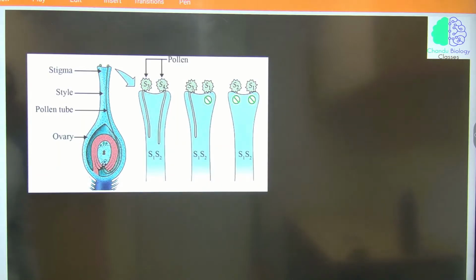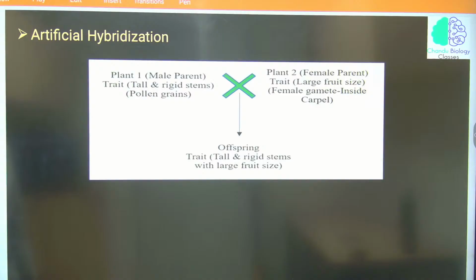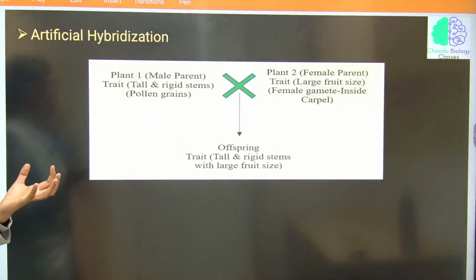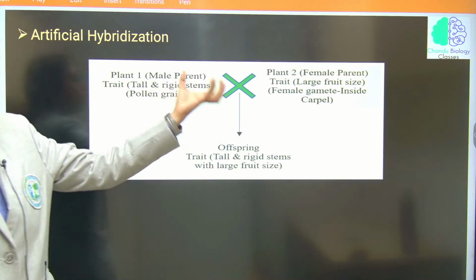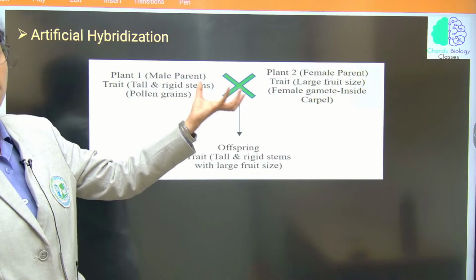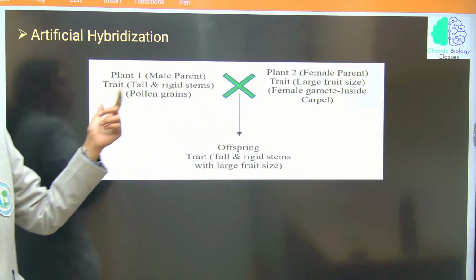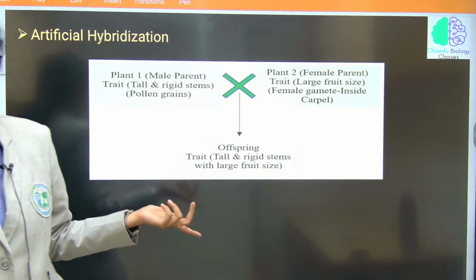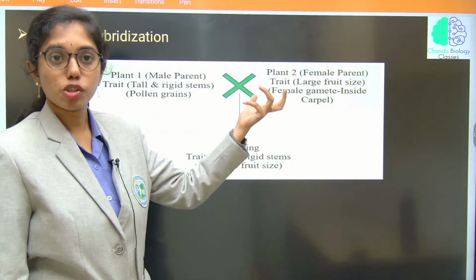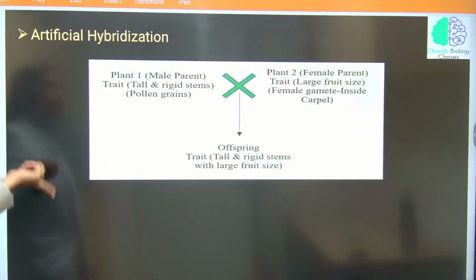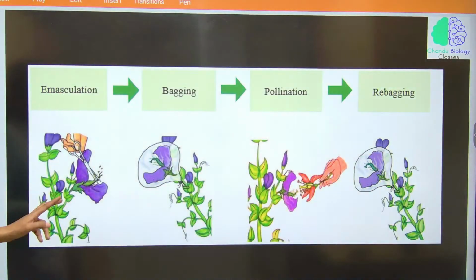Now, this concept we have learned, artificial fertilization or artificial hybridization. This concept is important: in a bisexual flower, if we have two compatible parents of our desirable traits, for example, a male parent with tall and rigid stems and a female parent with large fruits. From the female parent, which is bisexual, the anthers will be removed by the process of emasculation.